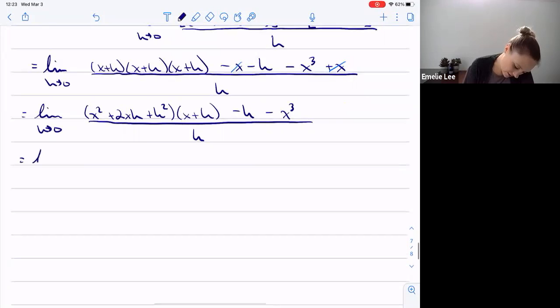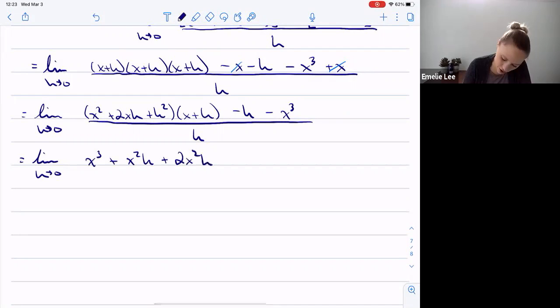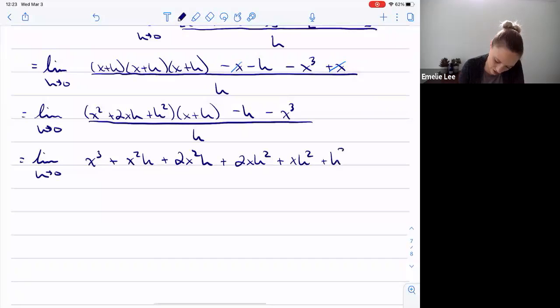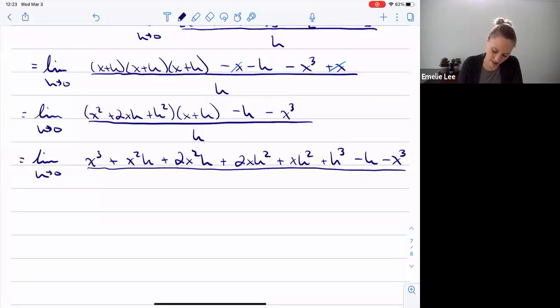So then I get the limit as h goes to 0 of x to the 3 plus x squared h plus 2x squared h plus 2xh squared plus xh squared plus h to the 3 minus h minus x to the 3, over h. Phew. Out of the woods.